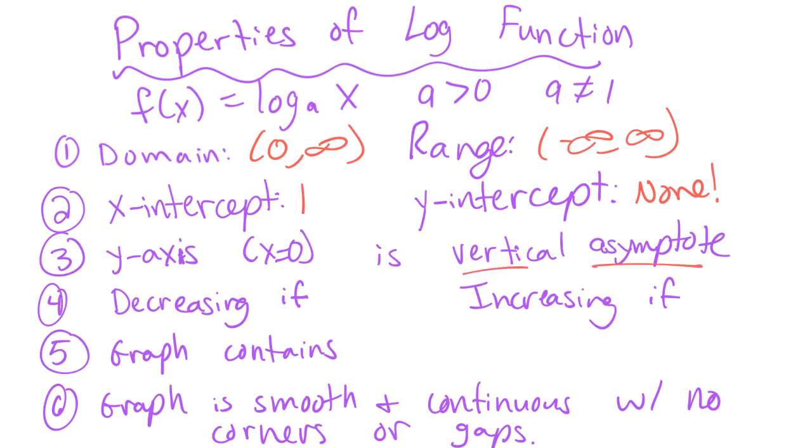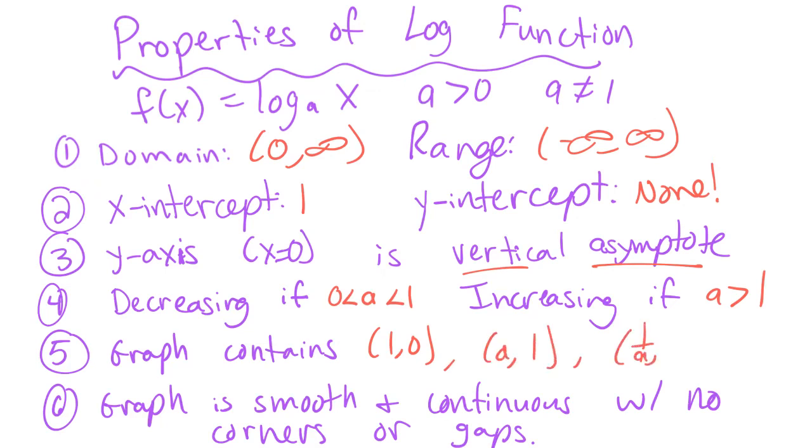Our graph is decreasing if a is between 0 and 1, and increasing if a is greater than 1. The graph always contains the points 1, 0, a, 1, and 1 over a, negative 1. And finally, the graph is smooth and continuous with no corners or gaps.